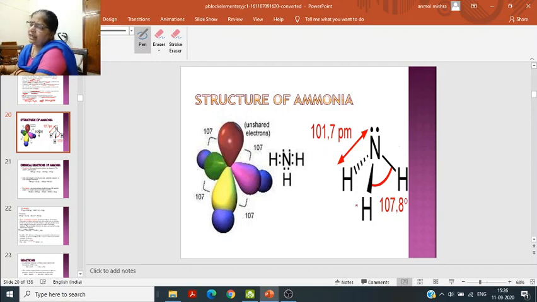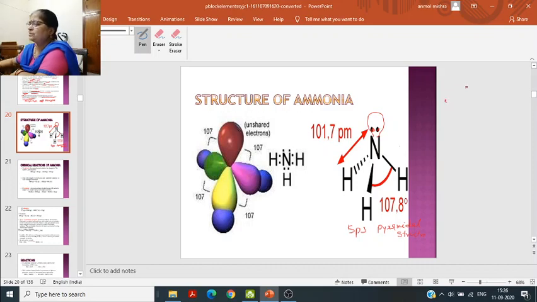The structure actually is tetrahedral, sp3 hybridized, but it shows not tetrahedral, pyramidal structure. Again one question is asked: why does it have the bond angle 107 degree 8 minutes? Because of the repulsion between the lone pair and bond pair.